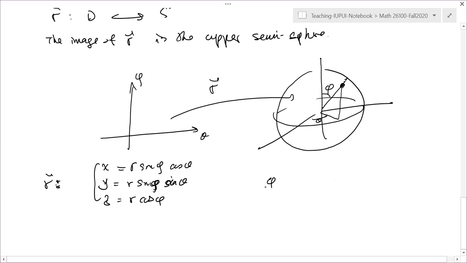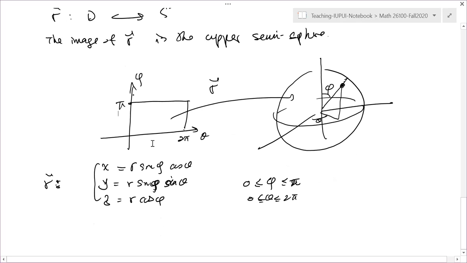And if you want to get the whole sphere, phi is going to be between 0 and pi, and theta is between 0 and 2 pi, right? So you get a rectangle. Here's 2 pi, here's pi.